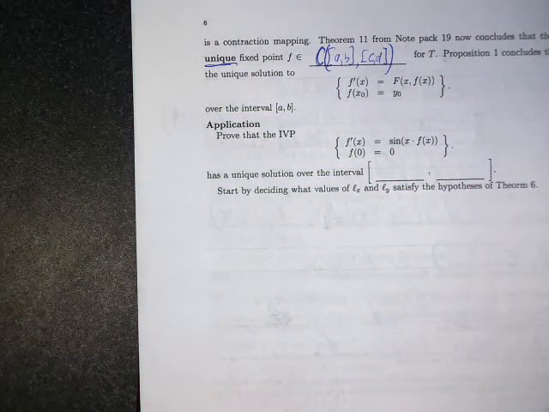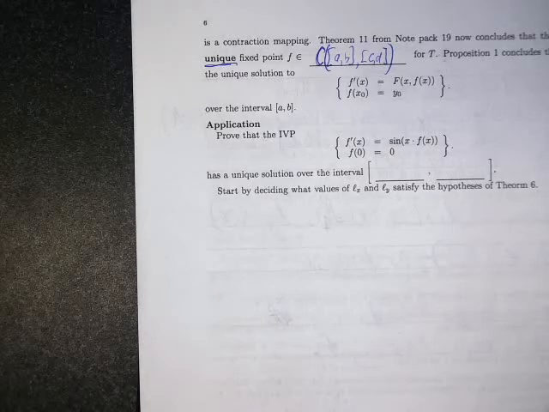What does proposition 1 say? A function F solves the IVP if and only if F is a fixed point. So we certainly have F as a fixed point, so it solves the IVP. That definitely achieves existence of a solution.